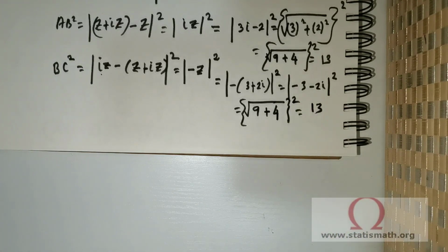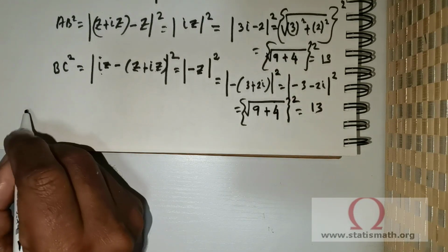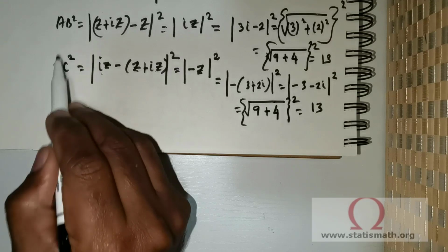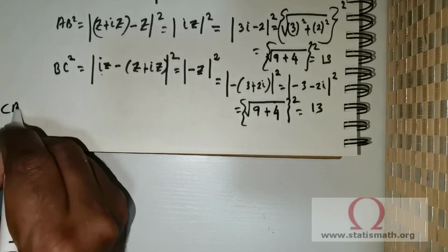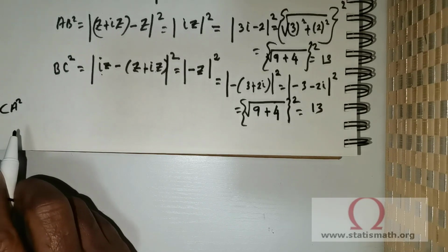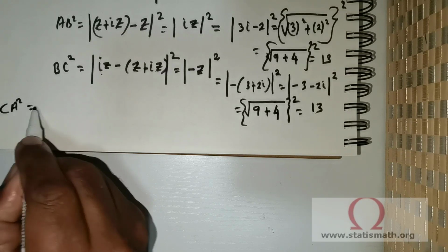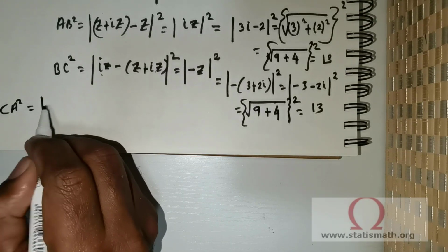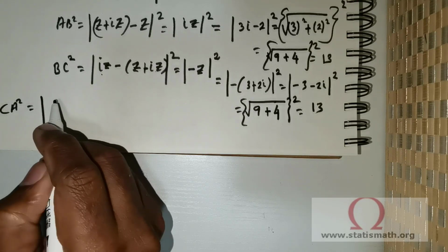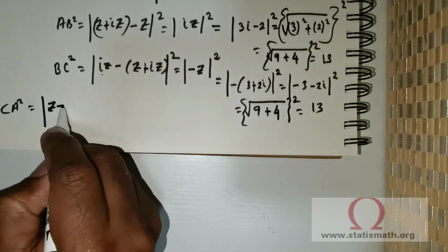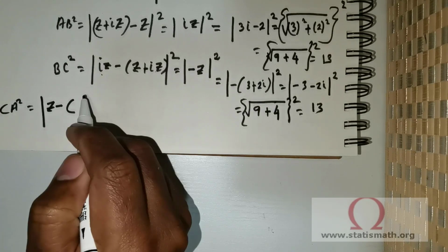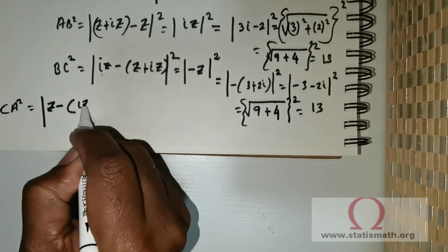Now finally, you got AB, you got BC, you need to know what is CA squared. CA squared, we start with the vertex of A. The vertex of A is z followed by a negative sign, and the vertex of C is iz.